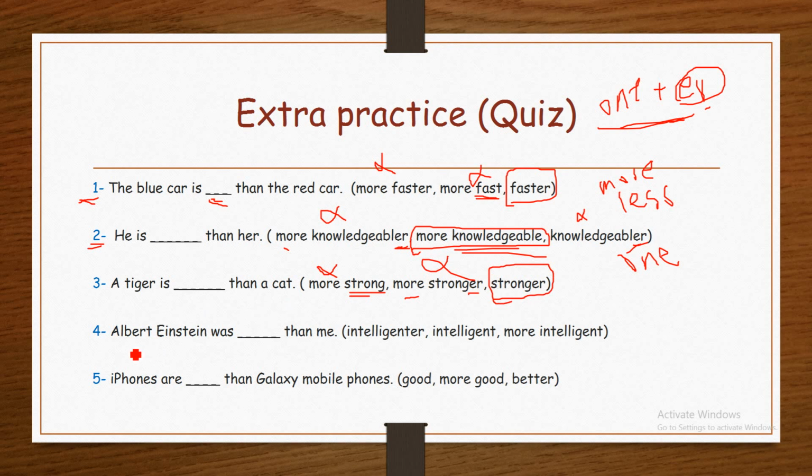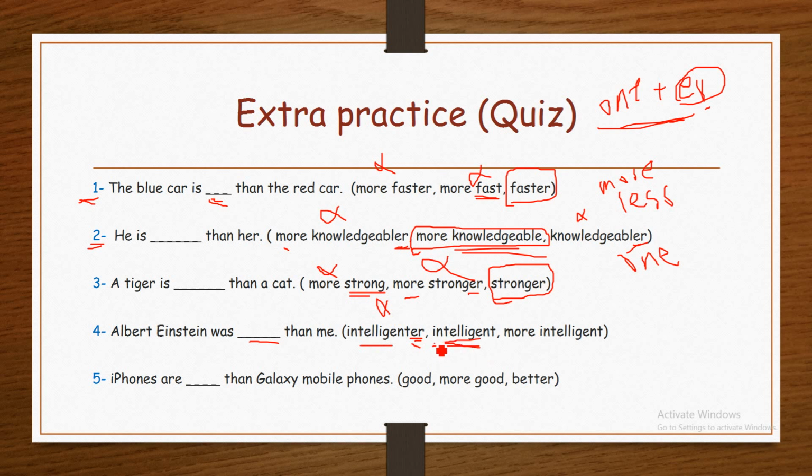Albert Einstein was blank than me. We have the adjective intelligent. Intelligent has more than two syllables. Therefore, we add more or less to it. Intelligenter is completely wrong because we add er to one syllable adjectives. Intelligent is in the adjective form.